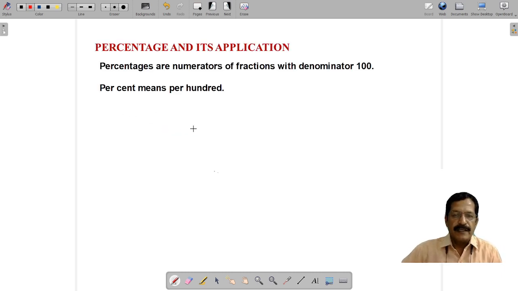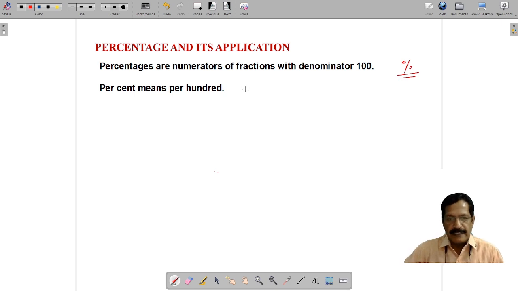Now, percentage and its application. Percentages are numerators of fractions with denominator 100. Generally, percentages are denoted by this symbol. We have studied fractions. So percentage means a fraction, but the denominator should be 100.